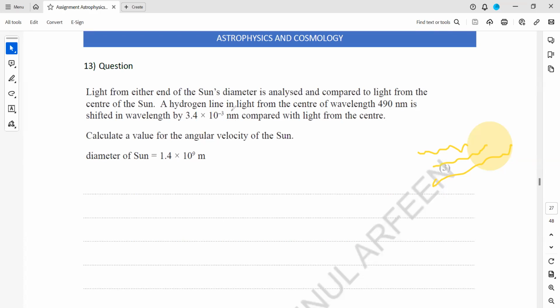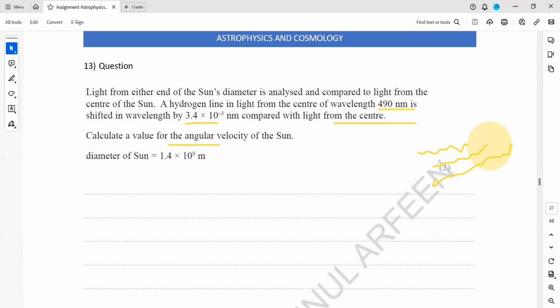A hydrogen line in the light from the center, of wavelength 490 nanometer, is shifted by 3.4 times 10 to the power minus 3 nanometer compared to light from the center. Calculate the value of the angular velocity of the sun.